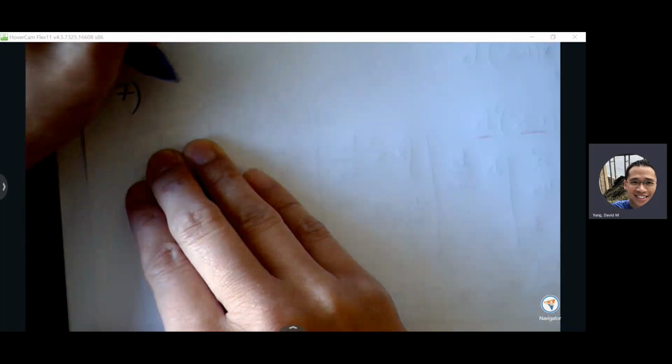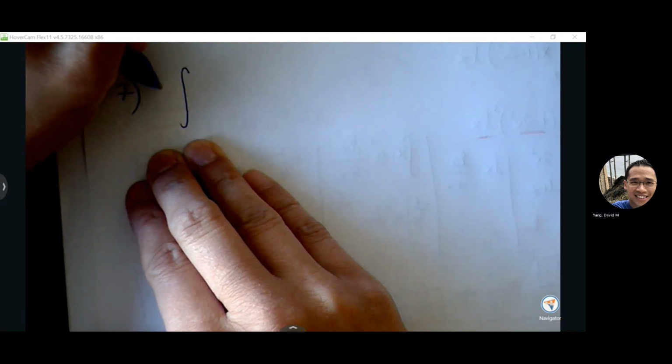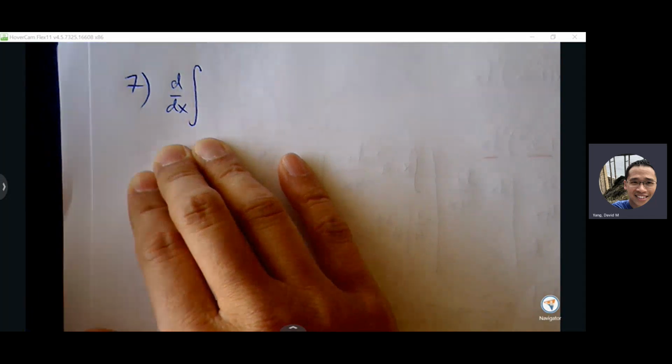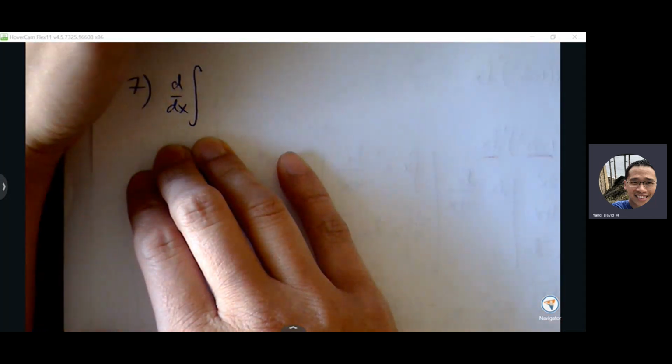Find the derivative of this integral. We know that we're pairing a derivative with an integral. We know there's a second theorem.